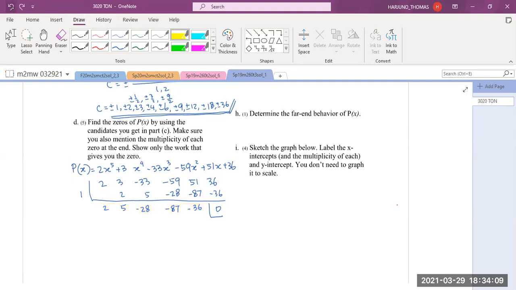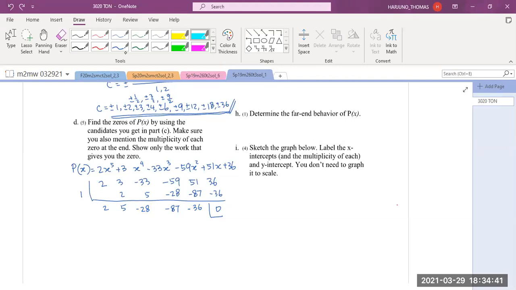On the other hand, when I add the alternating terms, do they have the same sum? I don't think so. When I add the alternating terms, I don't get the same sum. So negative 1 is not a zero.